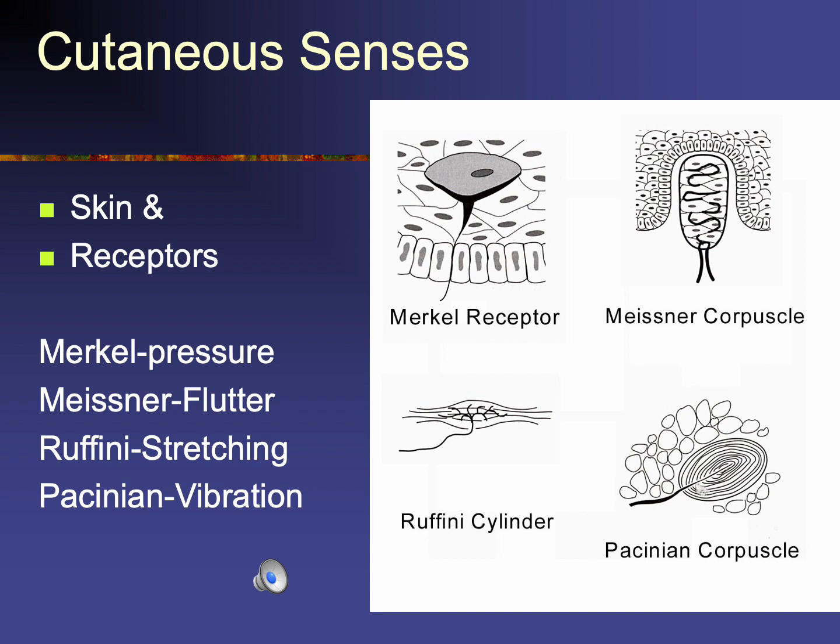Finally, you have the Pacinian corpuscles here, which are down in the dermis, and they sense vibration. So, a vibrating sense of pressure being applied to the skin is something they pick up and convey to the brain. Now, neurologists use all of these to diagnose neurological lesions, especially peripheral nerve lesions of the sensory pathways.